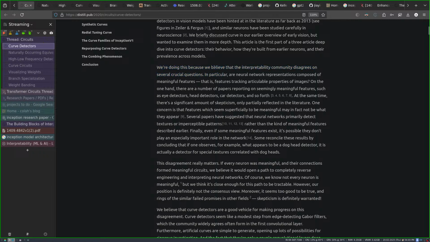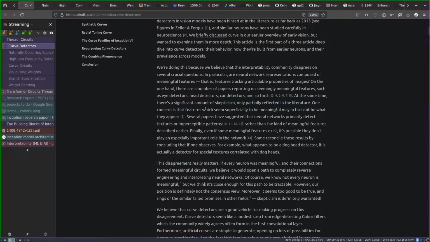The interpretability community disagrees on several critical questions. In particular, are neural network representations composed of meaningful features, features representing articulable properties of the image? On the one hand, there are a number of papers reporting similarly meaningful features. At the same time, there is a significant amount of skepticism, only partially reflected in the literature.